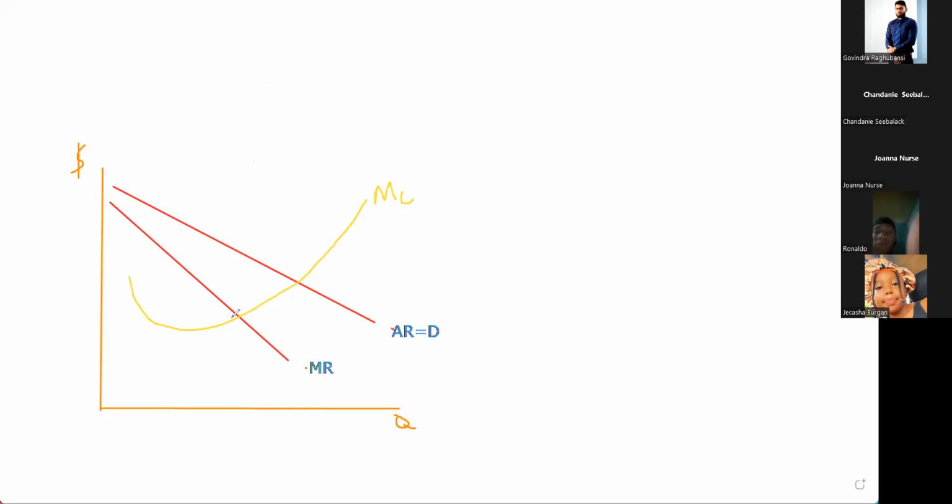Again, the profit maximizing position, Chandani, MR is equal to MC here, right? So bam, and come down now. Remember when you're drawing these things, you're drawing it to tell your story. This is where the quantity is. It's a little scrawly, but this is fine.